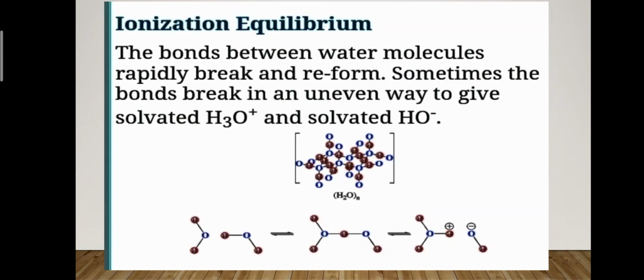Now the ionization equilibrium. The bonds between water molecules rapidly break and reform. Sometimes the bonds break in an uneven way to give solvated H3O positive and solvated OH negative. During solvation, H3O positive is surrounded by water molecules and OH negative ion is also surrounded by water molecules.